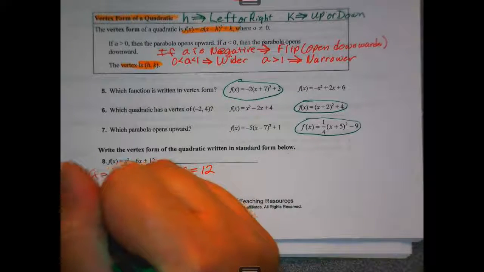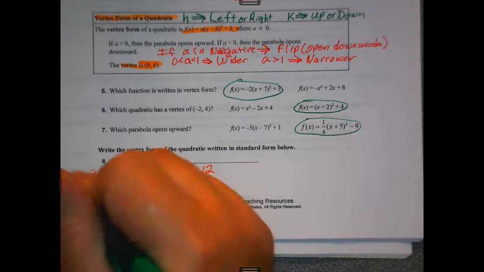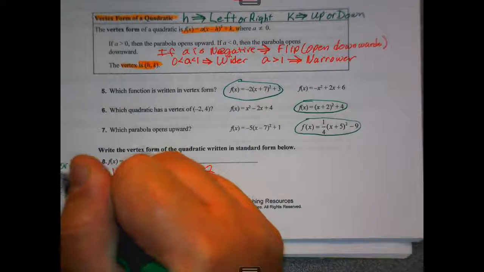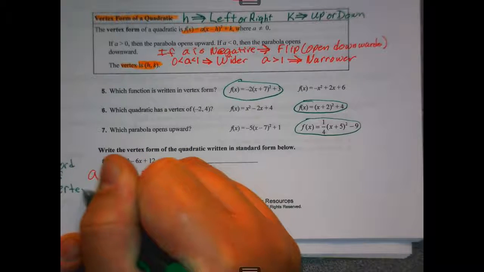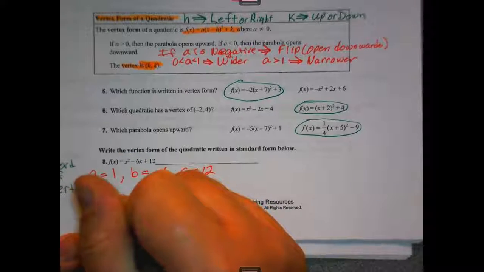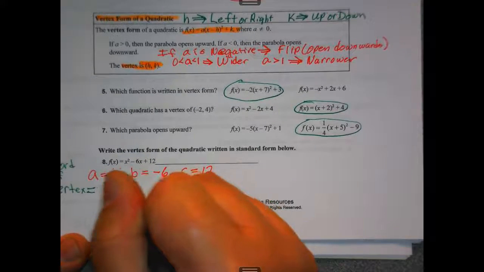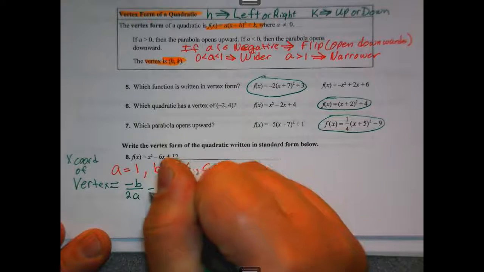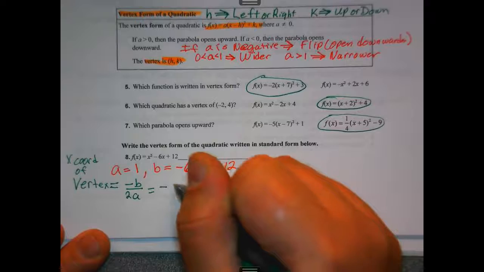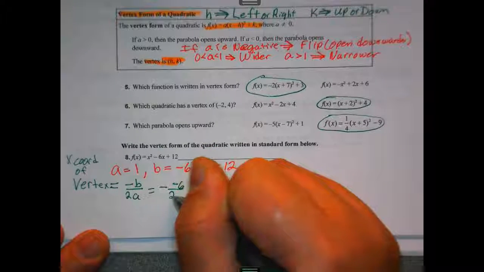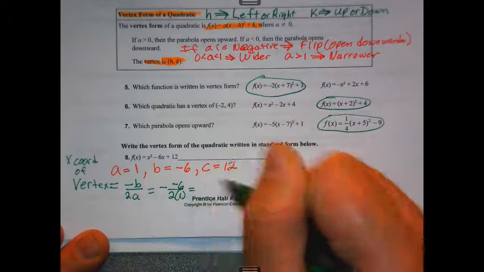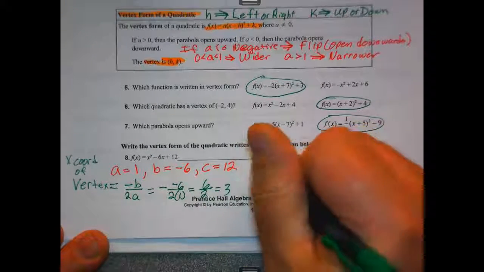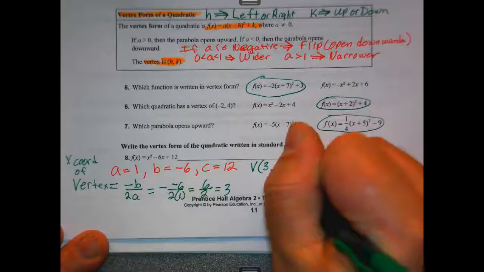The x coordinate of the vertex equals -b over 2a. So I have -6 over 2 times a, which is 1. So I have +6 over 2, which is 3. So right now I have an x coordinate of 3 for my vertex.